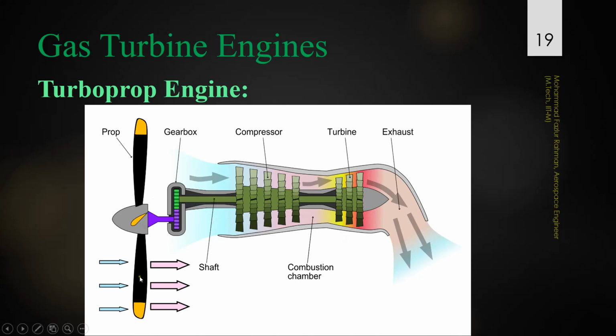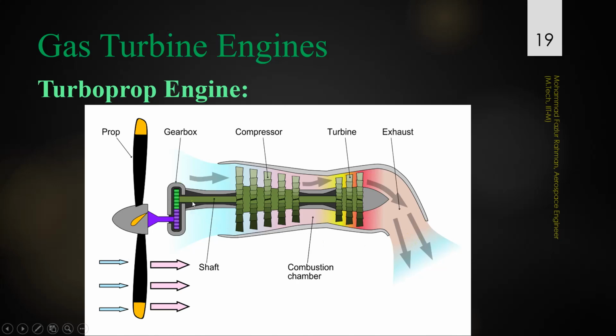So in this case we have two different mechanisms which can produce thrust. The propeller is producing thrust, plus the flow which is coming out of the turbine is still energetic and very hot, and it is passed through the exhaust nozzle where thrust is created.